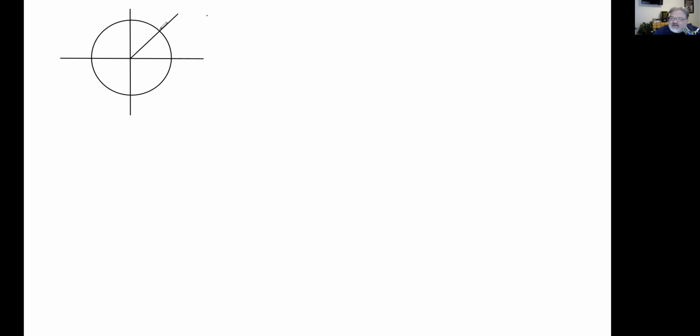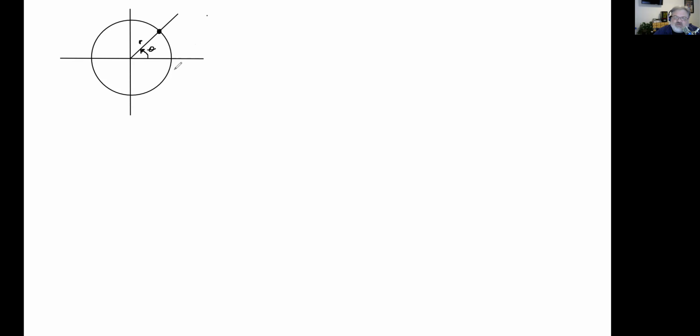So for any angle theta in standard position, instead of defining our trig functions based on the sides of a triangle, we're going to base them on the radius of this circle, and this circle can be any radius.